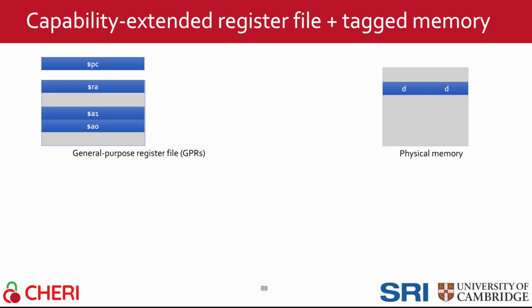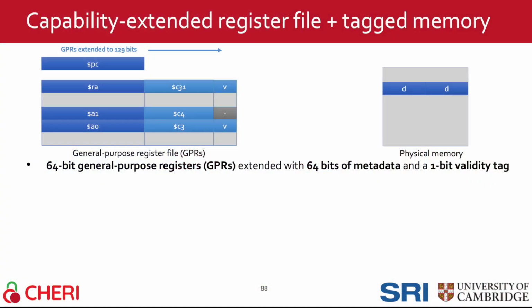Then when we come to implement it, we've got our integer registers. This is the most technical deep dive slide. We can also, obviously, store things in memory. We're going to add this additional capability metadata to our registers.